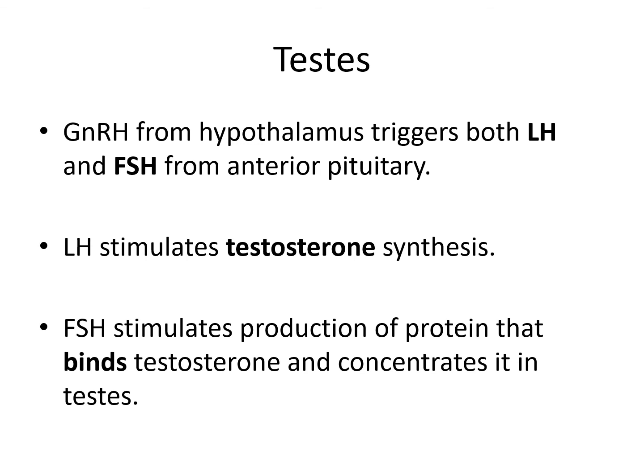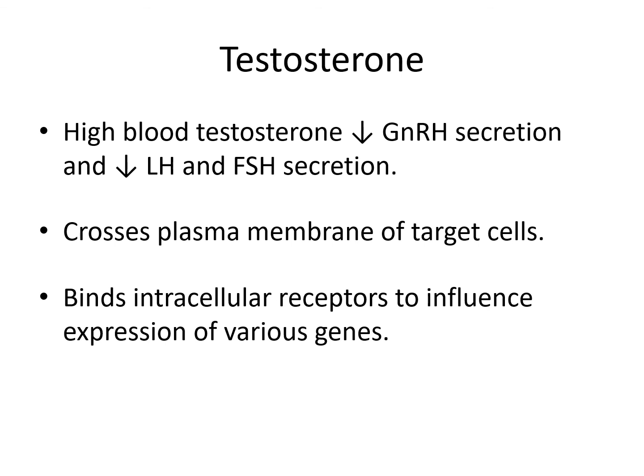It's LH that stimulates testosterone synthesis. FSH stimulates production of a protein that binds testosterone and concentrates it into the testes. Testosterone will decrease gonadotropin releasing hormone secretion and also decrease LH and FSH secretion. So there's a negative feedback mechanism like other endocrine hormones.